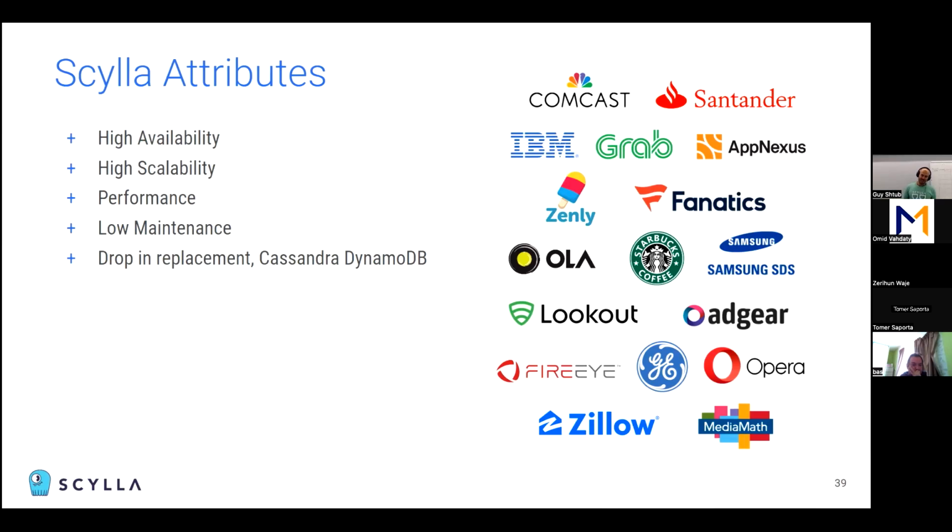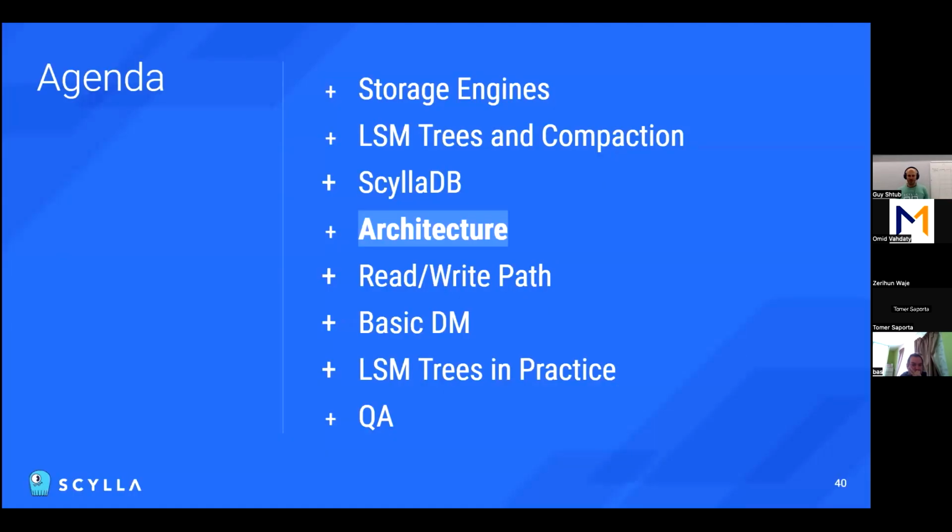And that means that if you're running Apache Cassandra, you can simply use your application as it is and change just the endpoint configuration to point to ScyllaDB instead of Cassandra, and you'll get a much lower cost and better performance. Okay, so now I want to talk about architecture.